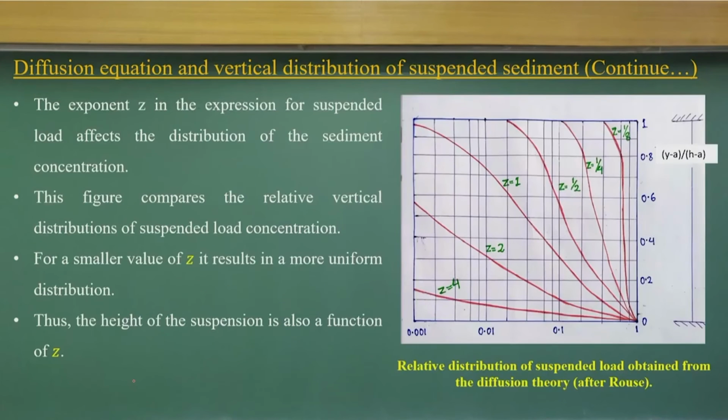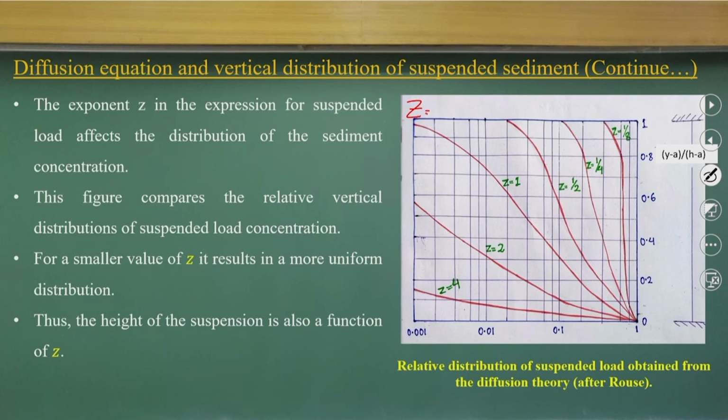Now, if you look at the distribution patterns, graphically we can get the solutions like this for different Z values, which is a function of the von Karman constant, settling velocity, and the shear velocity. The shear stress acting on the bed also controls the suspended load.